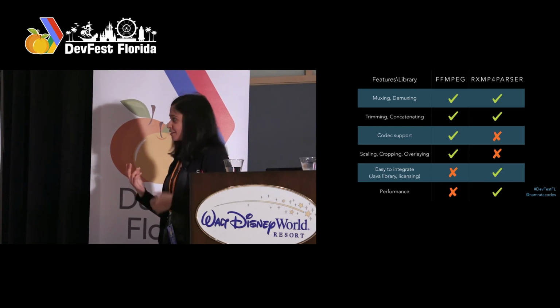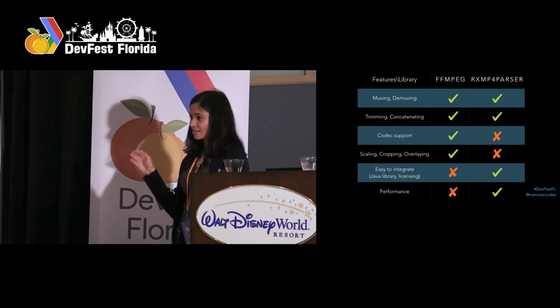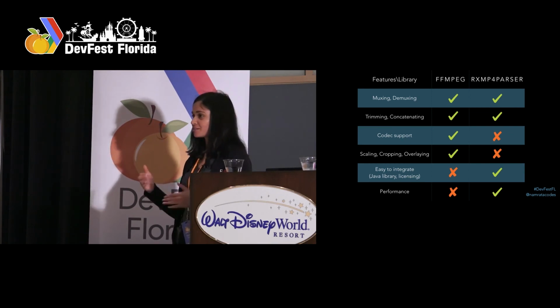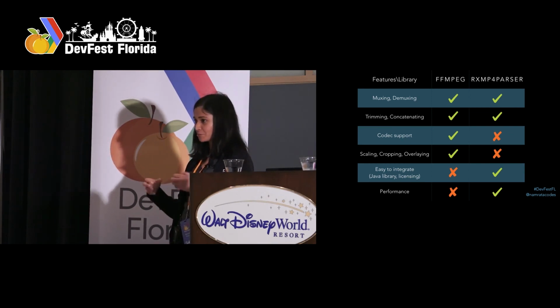The one reason that it's a lot faster than FFmpeg is because it is not doing the encoding or decoding. It's just separating the container into the audio and the video streams, and it's operating on that data. So it doesn't have to do that extra step.